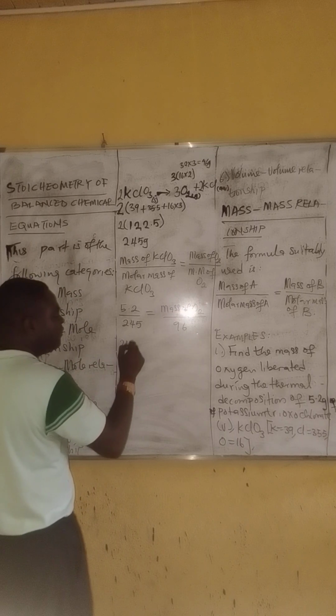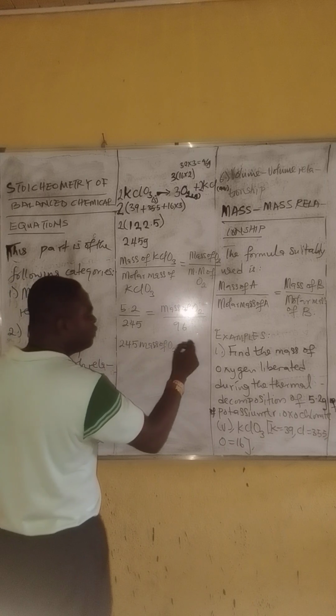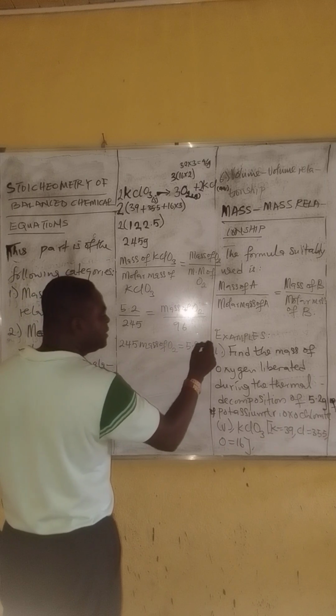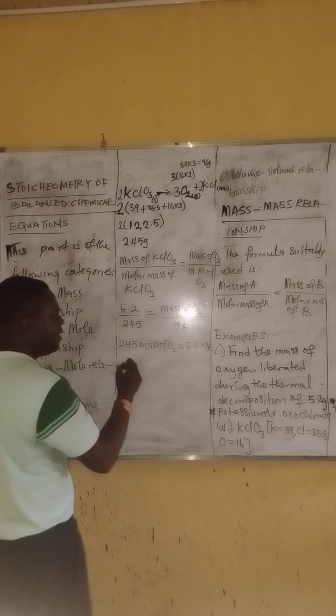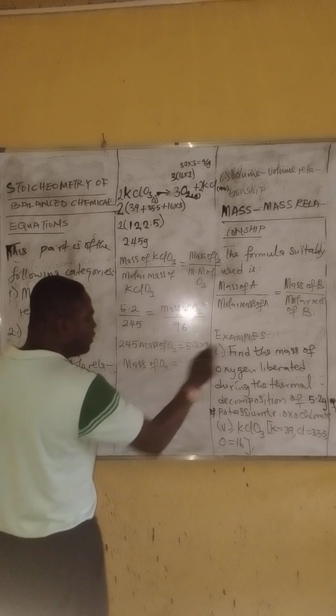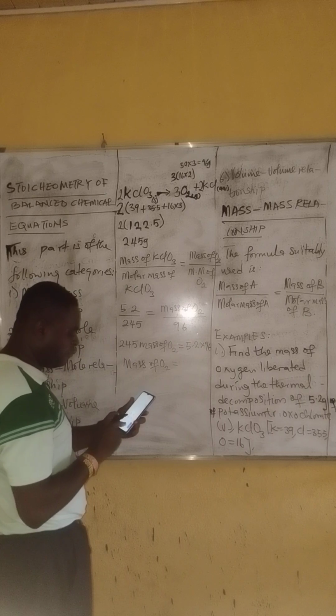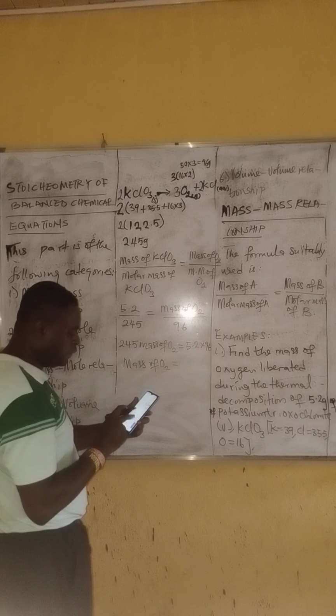So now we are looking for this, so we cross multiply. We have 245 mass of O2 is equal to 5.2 times 96. So we now have mass of O2 equals 5.2 times 96.